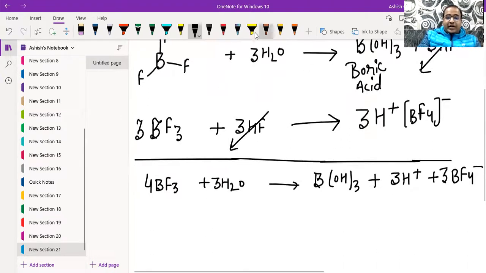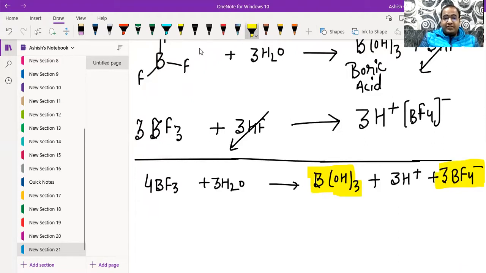So what is the product that is obtained when BF3 undergoes hydrolysis? I will get boric acid and I will get BF4-, right? These are the products which I will get when BF3 undergoes hydrolysis.